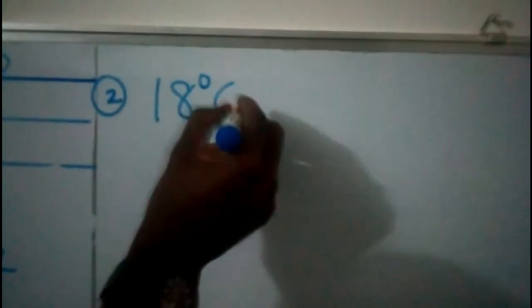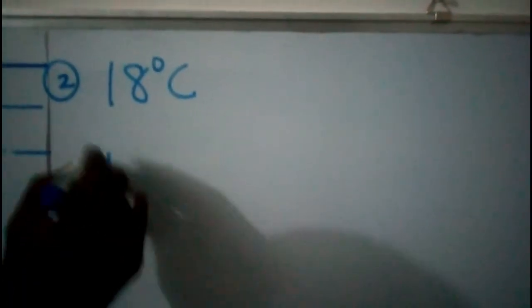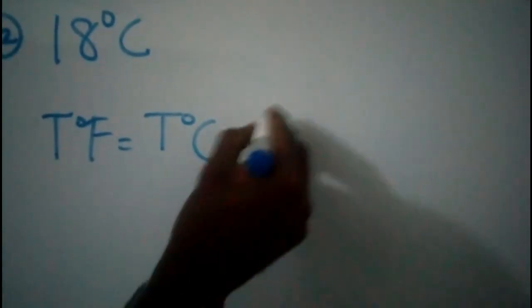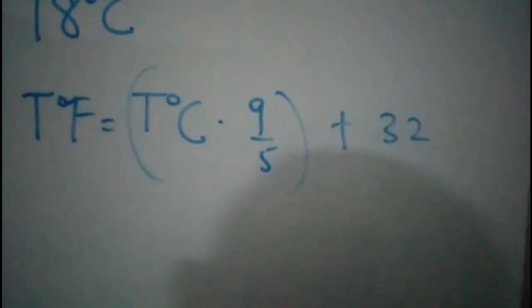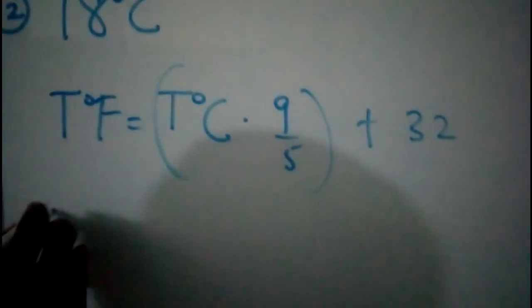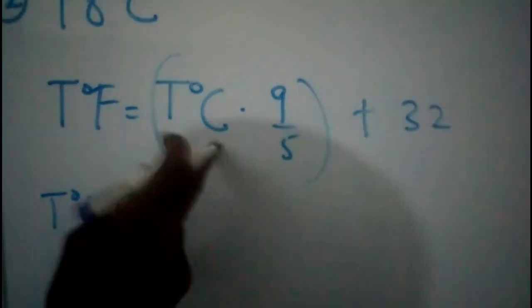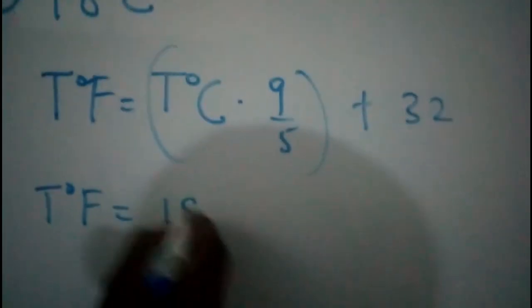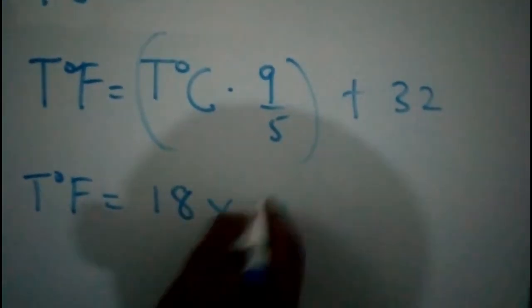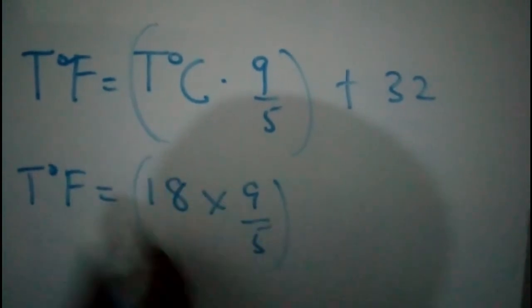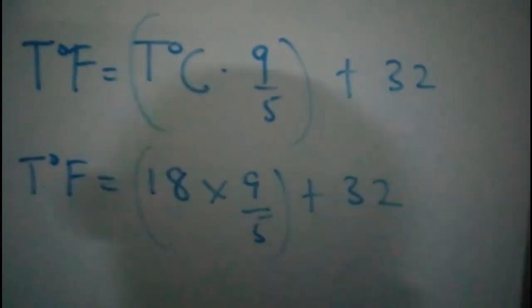Example 2. Convert 18 degrees Celsius to Fahrenheit. What does our formula say? That is degree Fahrenheit gives you the temperature in degrees Celsius times 9/5, all in bracket, plus your 32. What's our degree Celsius? That's 18. 18 times 9/5, all in bracket, plus 32.